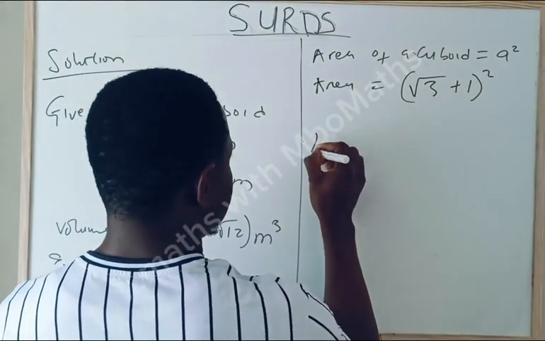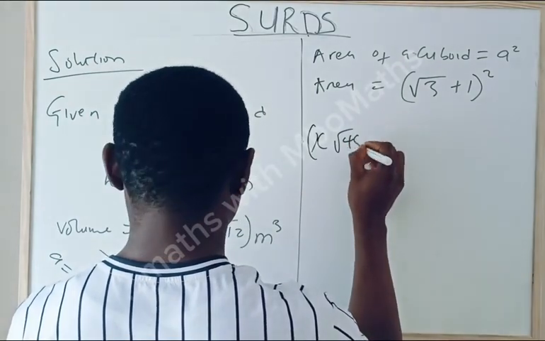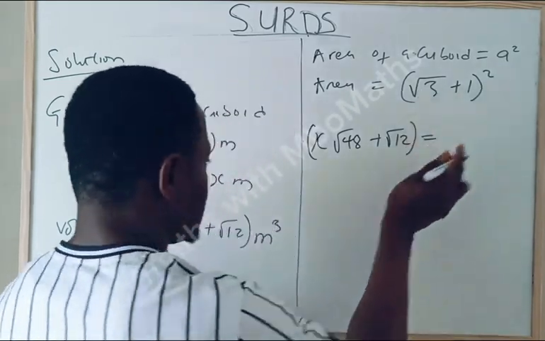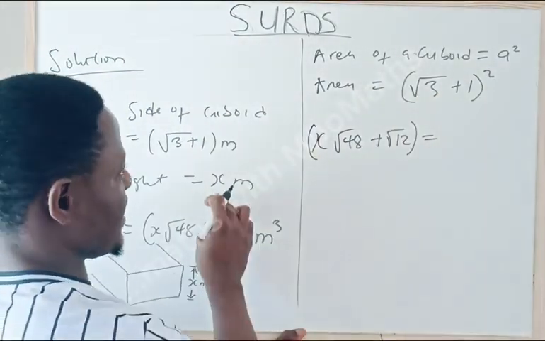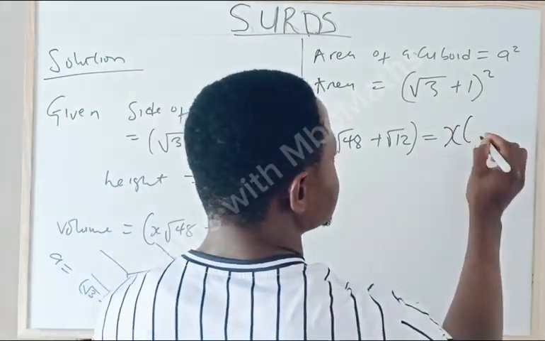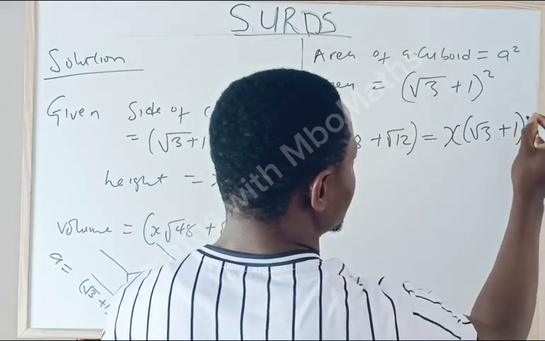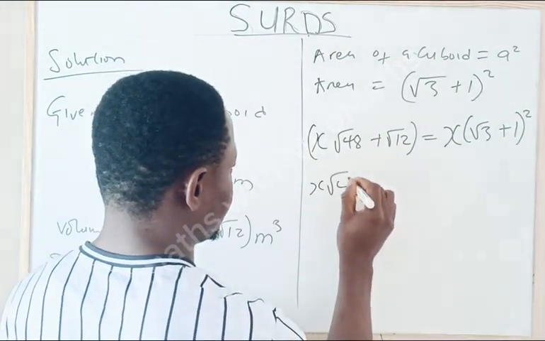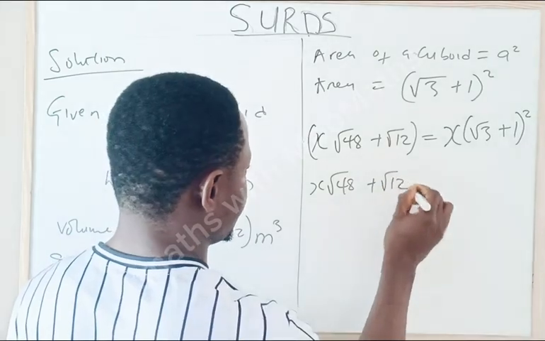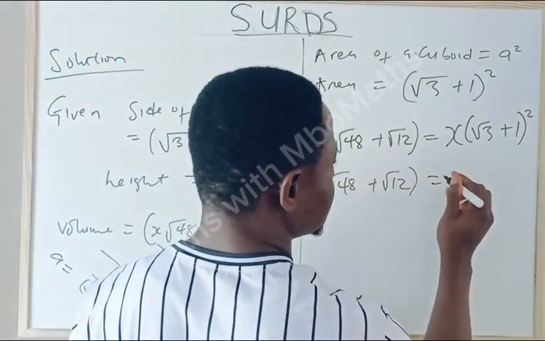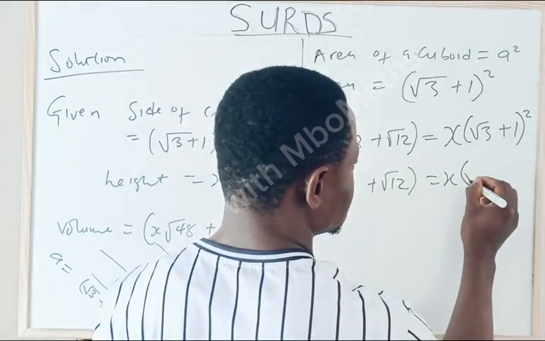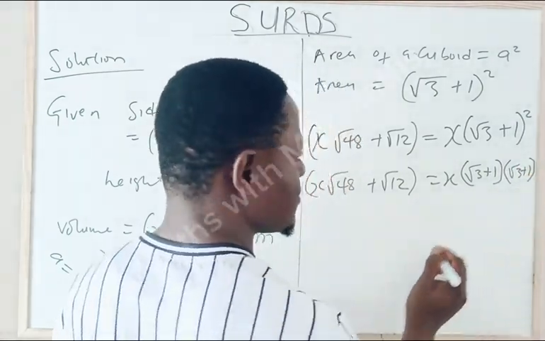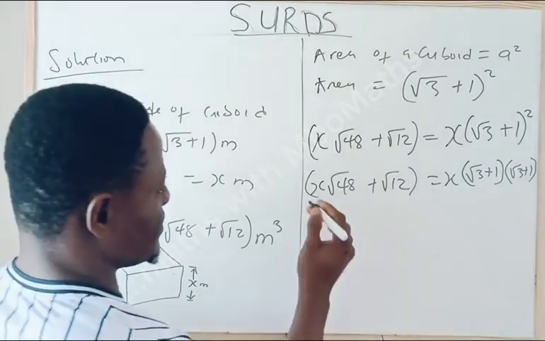It means that x root 48 plus root 12 is equal to the area, and the height is x, so that means x into this. If that is the case, let's open this bracket. x into root 48 plus root 12 is equal to x into root 3 plus 1 into root 3 plus 1. Is it not? Yes.